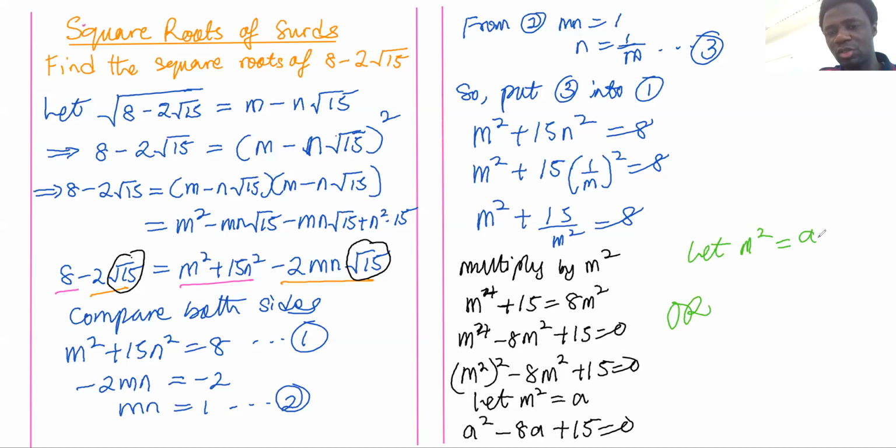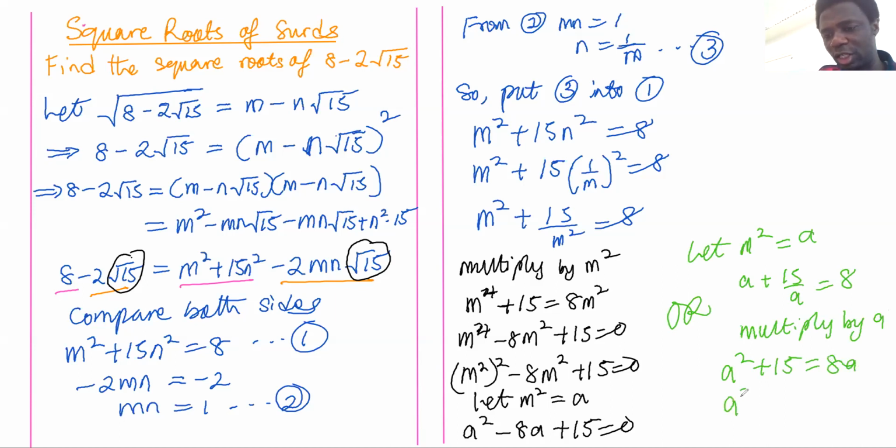If m squared is equal to a, then this equation becomes a plus 15 over a is equal to 8. And when you multiply by a to clear the fraction, you get a squared plus 15 is equal to 8a. And then you get your equation back.